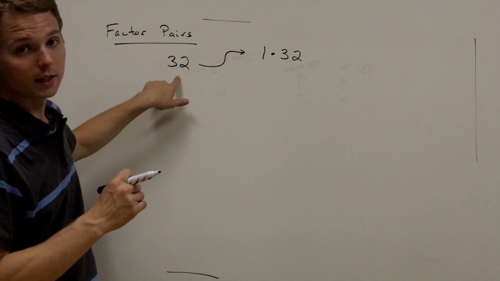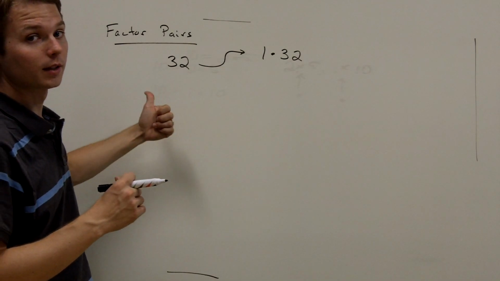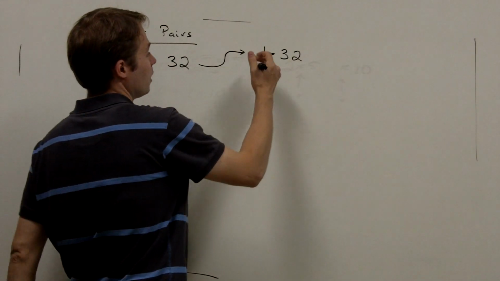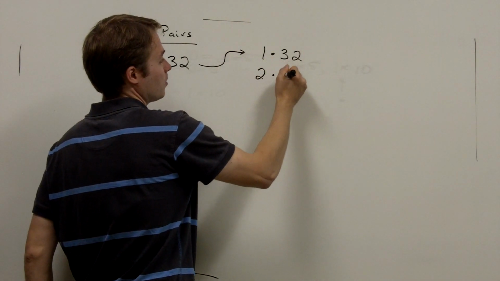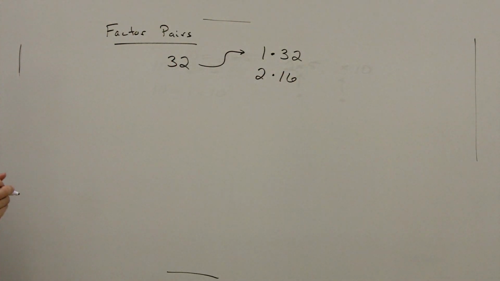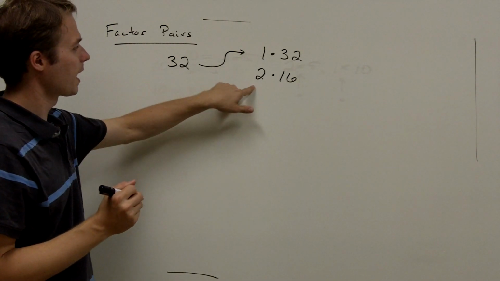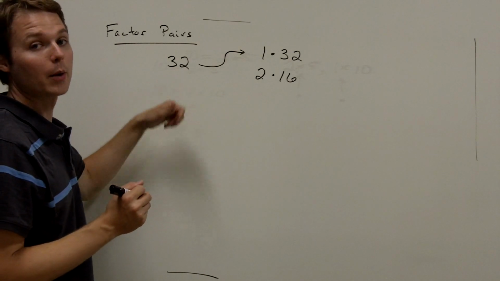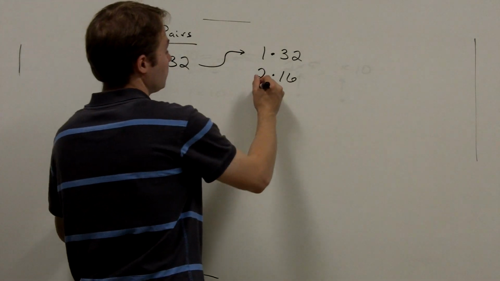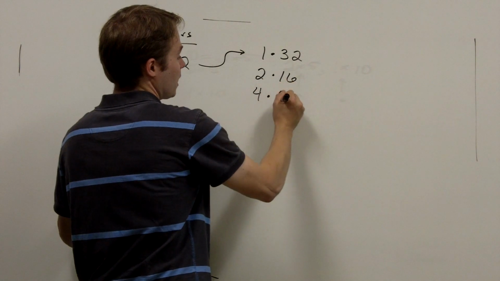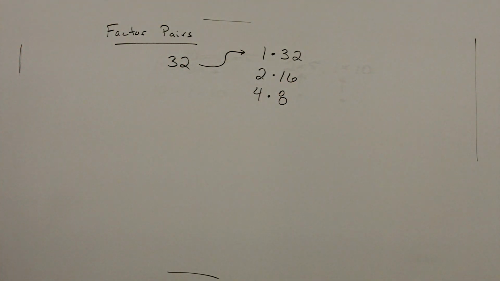In fact, 2 divides into 32, so I should be able to get a factor pair using 2. And 2 times 16 is equal to 32. 3 does not go into 32, so I can't get 3 times something into 32. However, 4 does divide into 32. 4 times 8 is equal to 32, so that's another factor pair.